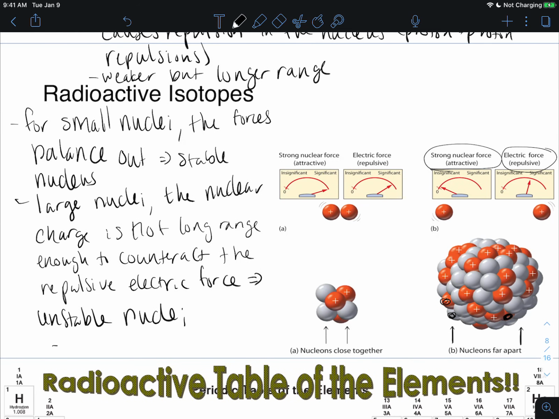And what we find is if we're large enough, so atomic number 84 and greater, the nucleus is no longer stable.